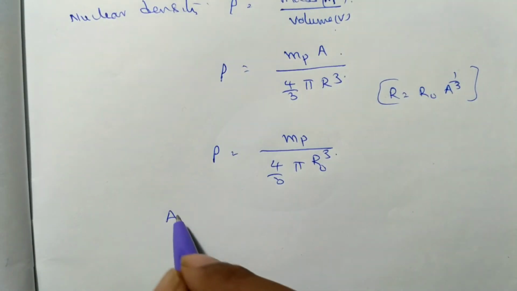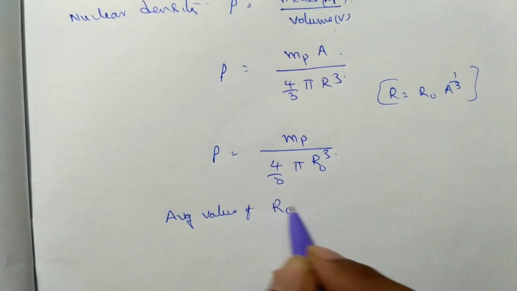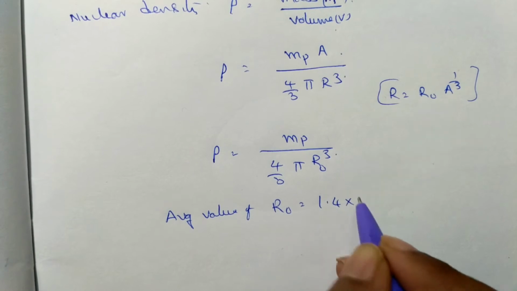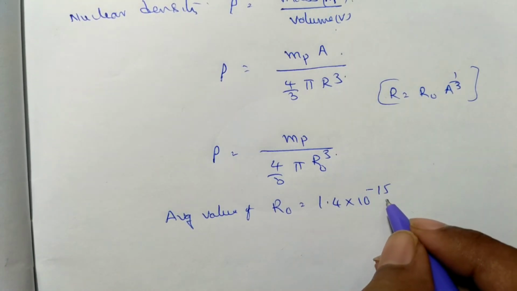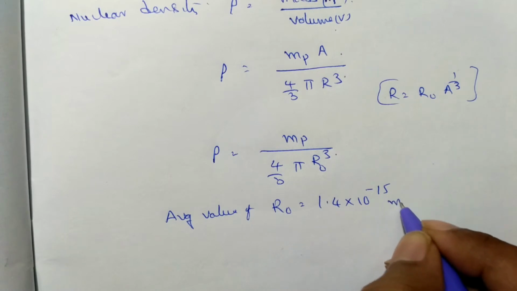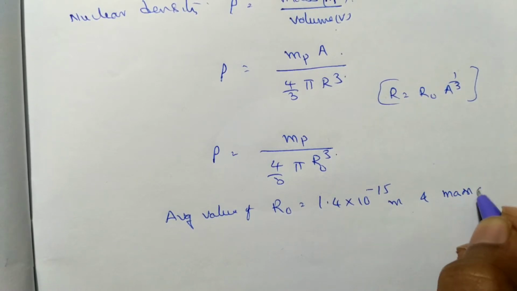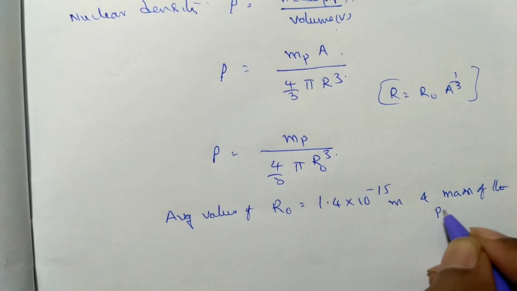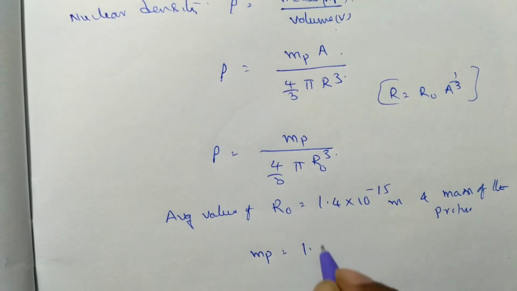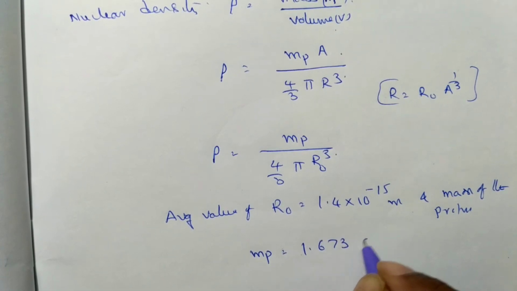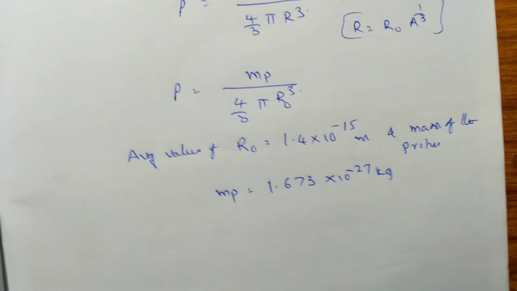Average value of r naught is equal to 1.4 into 10 power minus 15 m, and mass of the proton mp is equal to 1.673 into 10 to the power of minus 27 kg.